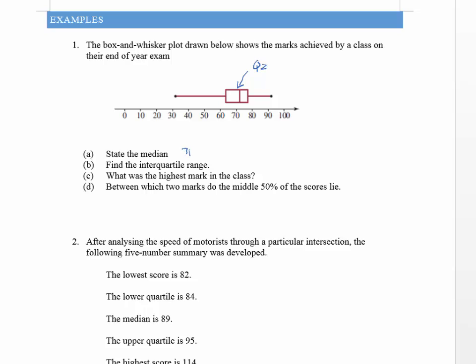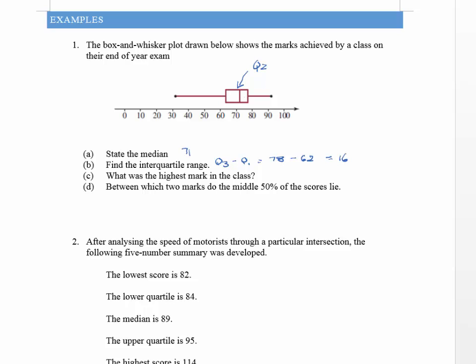Well, this box, remember, is the interquartile range. So let's write that down: interquartile range is Q3 minus Q1. In this case, Q3 looks like it's around about 78, and Q1 looks like it's around about, say, 62. So if we do that, we get 16.